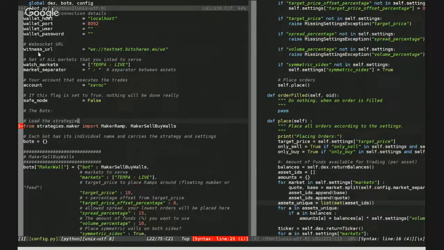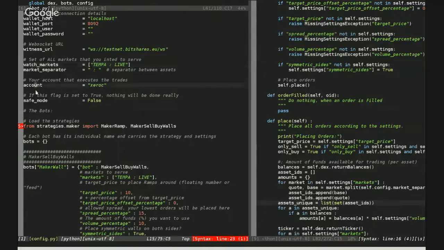And the witness URL is just the full node. It's currently set to be the testnet. We have markets that we are interested in dealing with. In this case, this is just a market of an asset temp A and an asset live. I created them on the testnet just for this purpose here. A market separator, this is just how you distinguish different assets in these market pairs.